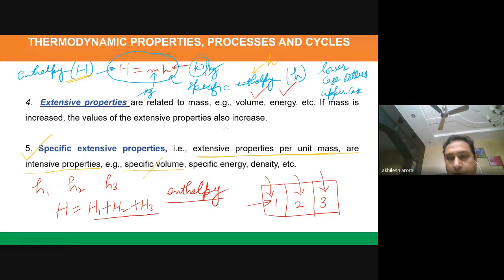Now, what is specific volume? Specific volume is volume per unit mass, and its unit is meter cube per kg.